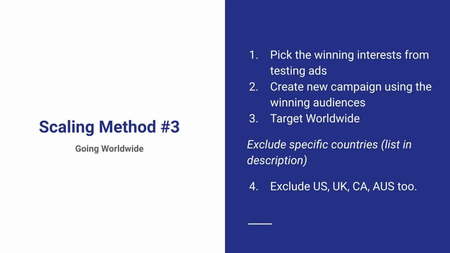So that's it for the worldwide scaling method. I explained 3 scaling methods that you can apply and reach more than 10K dollars per day. That's the exact method that I've been using in the past months. There are some other methods that I'm going to talk about in the next videos.